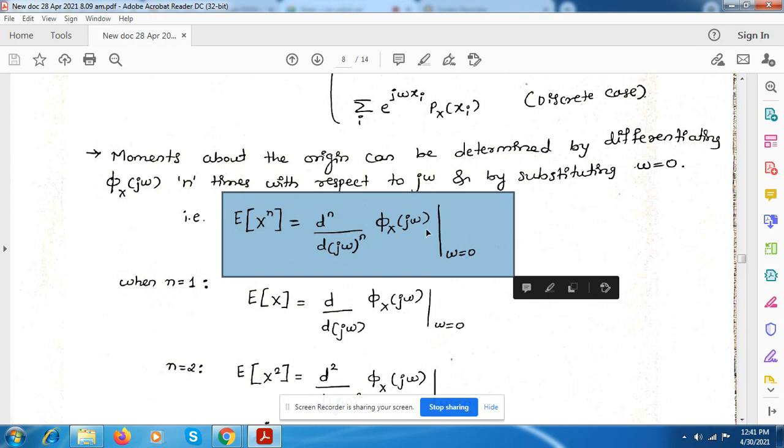So you have to write this in your notes. This is the general equation for the nth order moment.